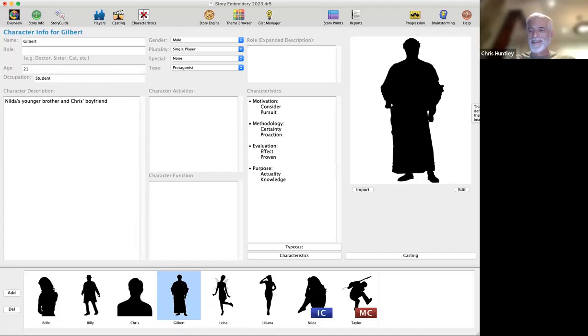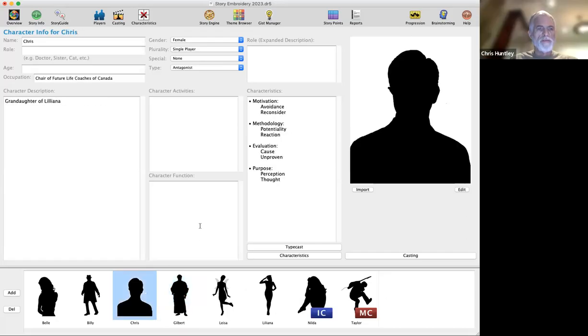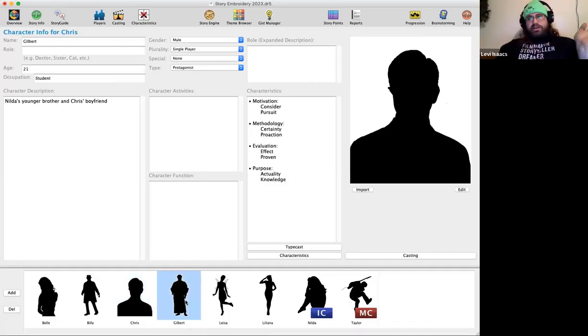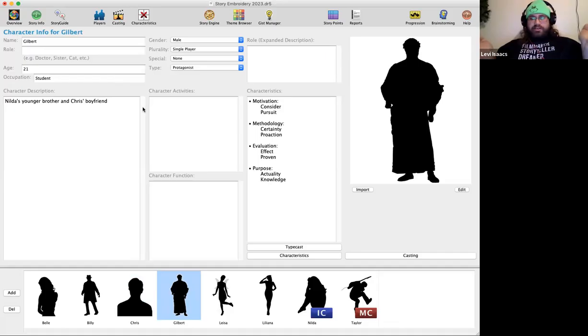All right. And Levi. Oh, or did I skip? Teresa, did you do yours? Yeah. Okay. So that Levi. I don't know if I really have any story points to fill in. I just had a thought though. Chris and Gilbert, even though they are boyfriend girlfriend, there could be like she's chair of the one and he's chair of the other.